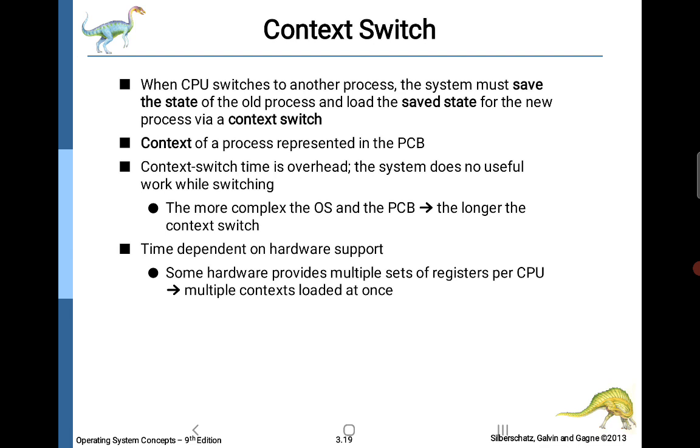The schedulers are processes by themselves, and they need time to run on the CPU to make these decisions. That means for a process to be removed from the CPU or allowed into the CPU or swapped out of the memory to the hard disk or swapped in from the hard disk to the memory, that needs time on the CPU.